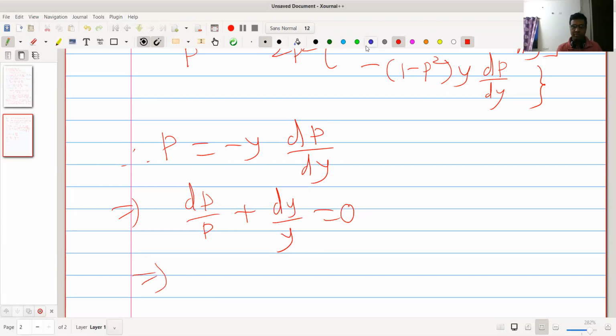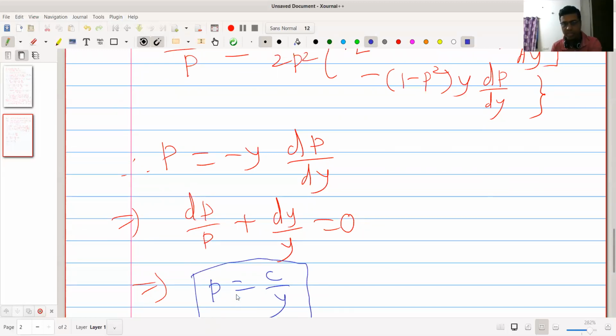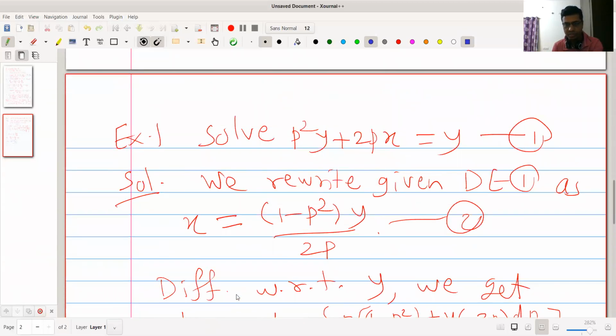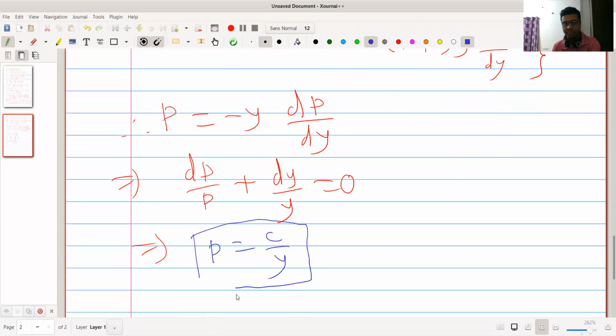On integration and simplification, this is log of p plus log of y equal to log of c. So py equal to c, or p equal to c upon y. So this is number 3.